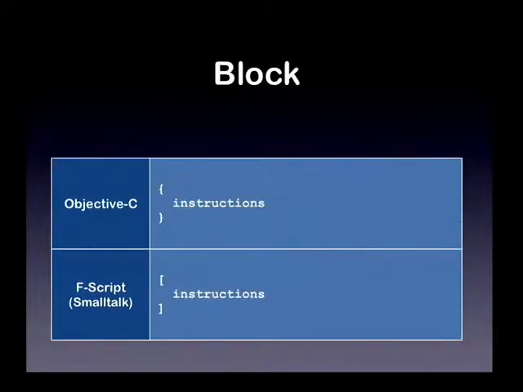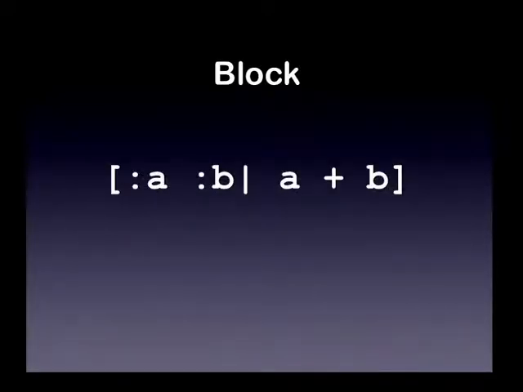And finally, blocks in FScript are denoted with brackets. They are first-class objects and are full closures. They can have arguments. There is a block with 2 arguments and local variables. For instance, here is a block that takes 2 arguments, adds them, and returns the result.